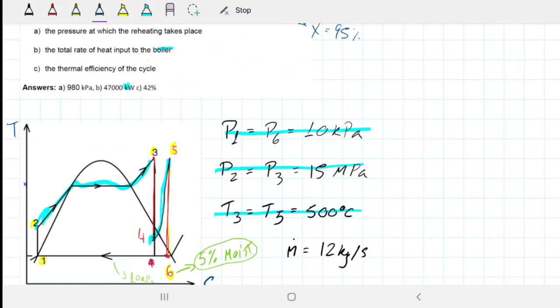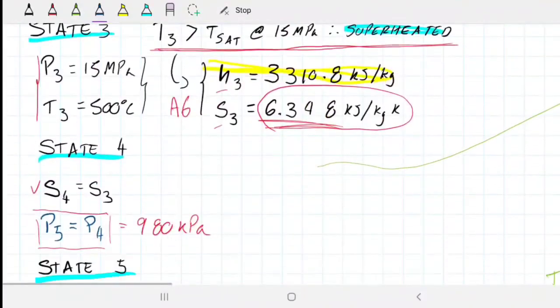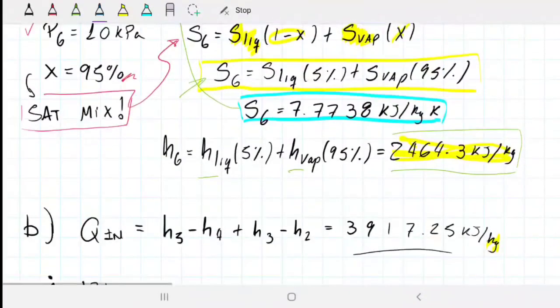So if you want to find the total amount of heat, we're going to have to do from 2 to 3 and from 4 to 5. Once we find that, then to find the thermal efficiency, we just find the Q out, and there's only one Q out, from 6 to 1. That's where our Q out is. So we can find that and finish off. We just need to use all the enthalpies we just found. That's easy, right? Once we have the enthalpies.